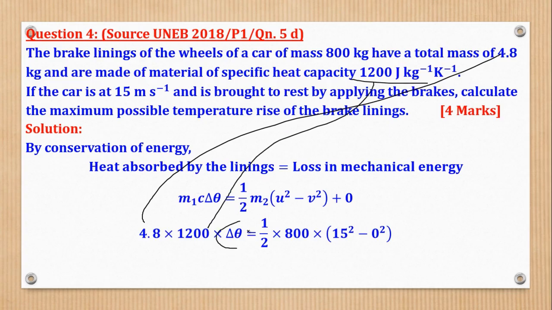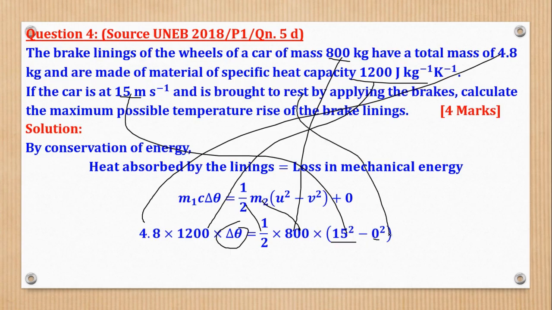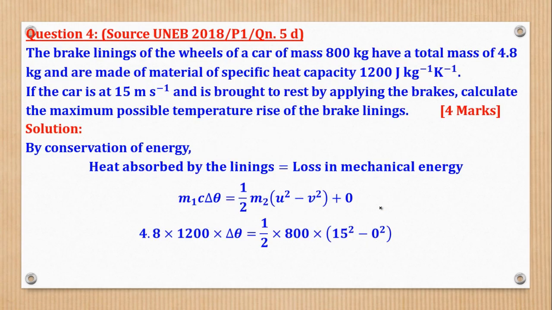Change in temperature is the one we want. Then half m, mass is there, which is this. Then initial velocity, which is that, and final velocity, which is 0, because they said the word rest. Then we shall simplify and make change in theta the subject, and that will be the temperature rise they wanted.